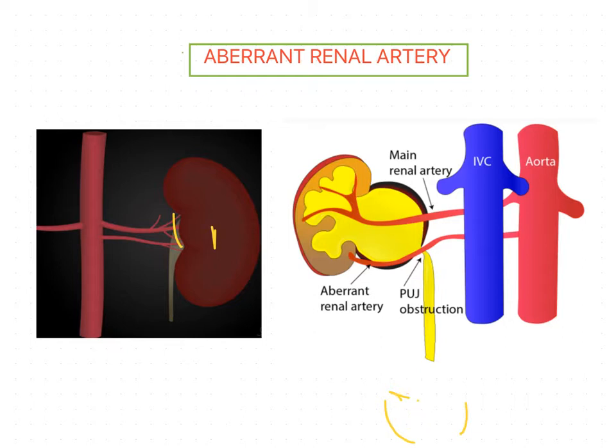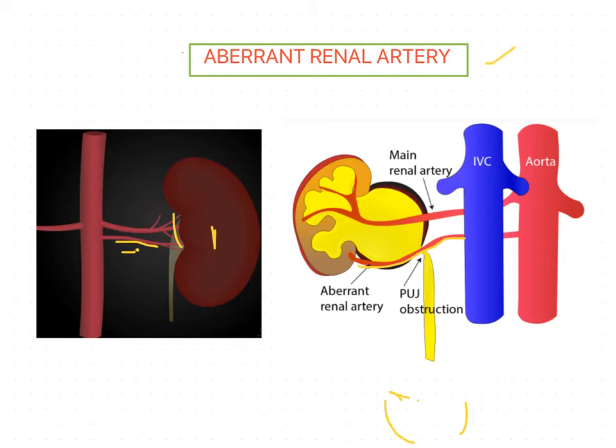So here you can see the additional artery, and in this picture also you can see this is the additional one. These are the additional renal arteries which grow in sequence from the aorta. Actually the lower one disappears as the kidney ascends. So persistent fetal renal arteries are sometimes seen as aberrant renal artery.